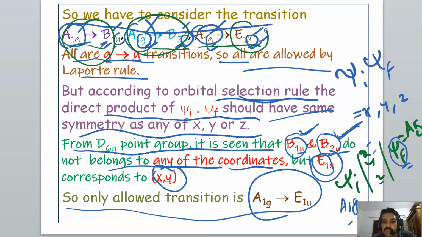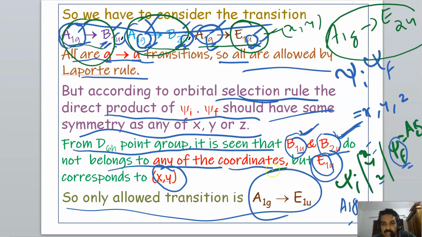Only E1U has the XY coordinates belonging to it. Therefore, the A1G to E1U transition is the only allowed transition in benzene.